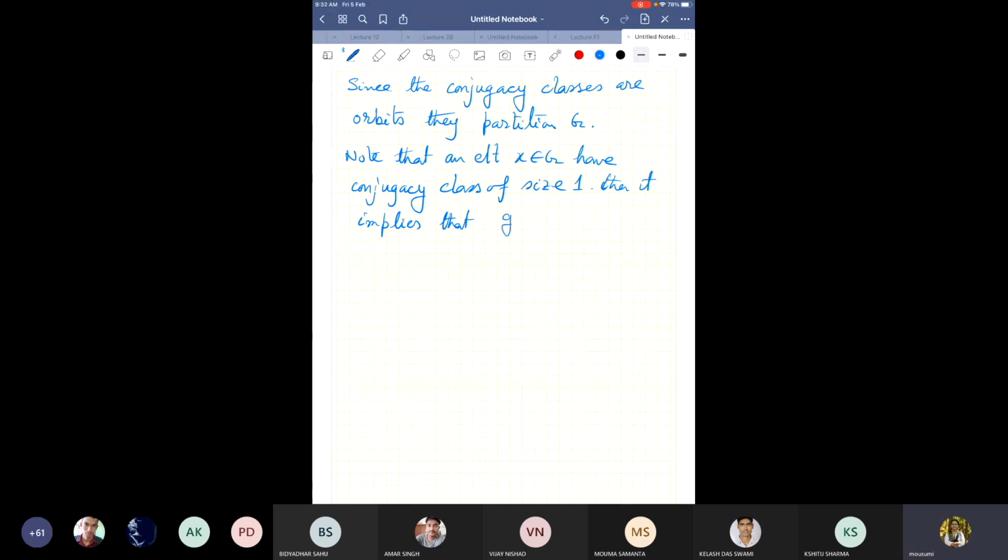That implies that gxg inverse will be equal to x for all g belonging to G, because x will be in that orbit of x. That means gx is equal to xg for all g belonging to the group. That implies that x is in the center of the group.